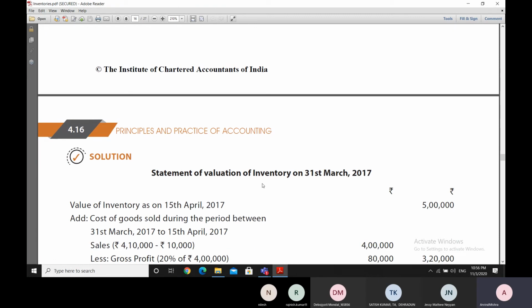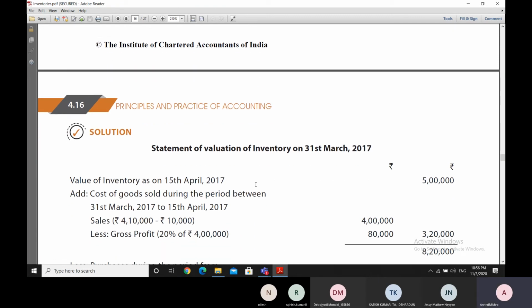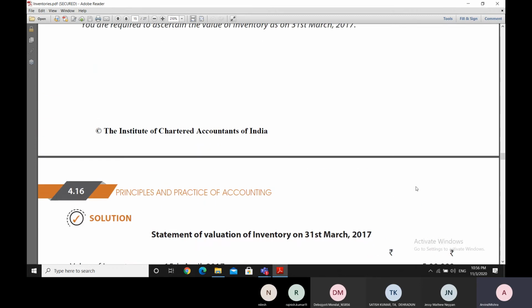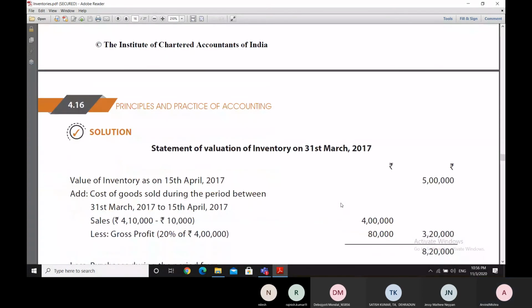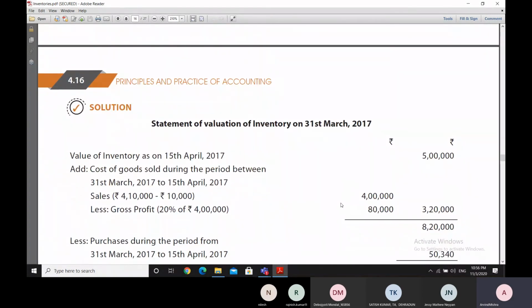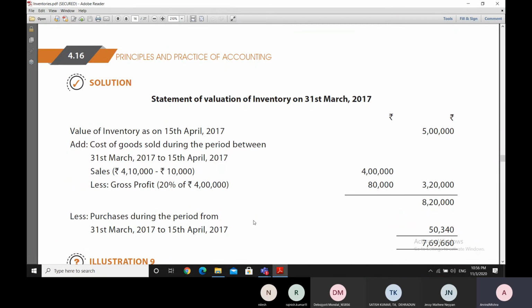Now, to do that, once again we take the inventory which we had made on 15th April 2017. That is, inventory is coming to 5 lakh rupees here, the 15th April inventory taking, and on this inventory we'll be adding the cost of the goods which were sold during the period between 31st March and 15th April.